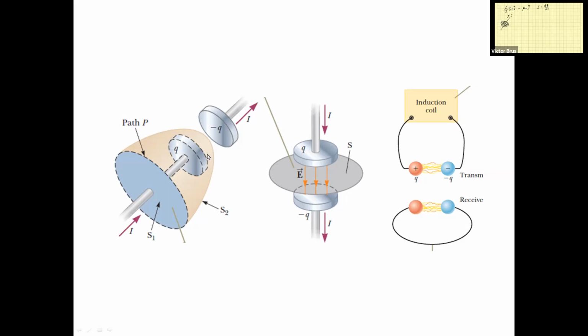So in order to solve this discrepancy, Maxwell proposed a concept of so-called displacement current. So nowadays it's called Maxwell displacement current. Let me come back to our slides.